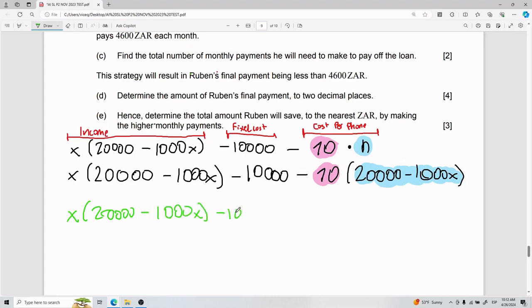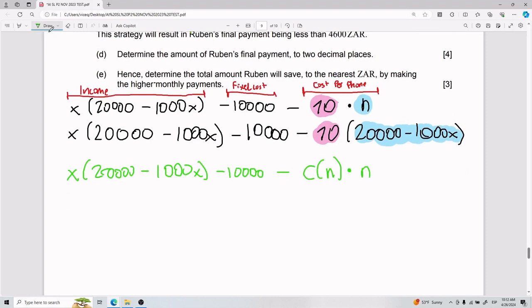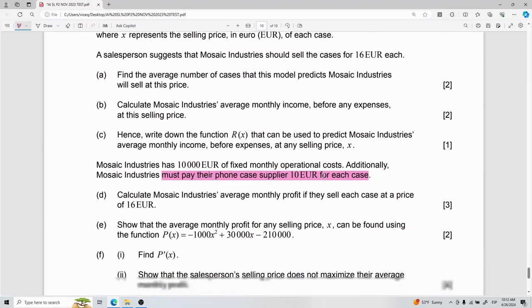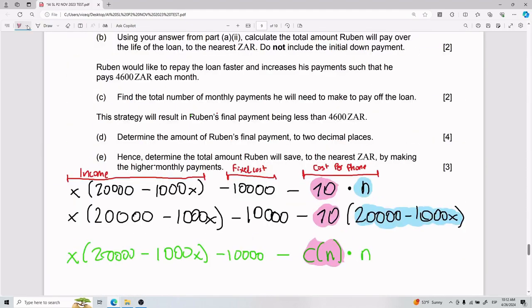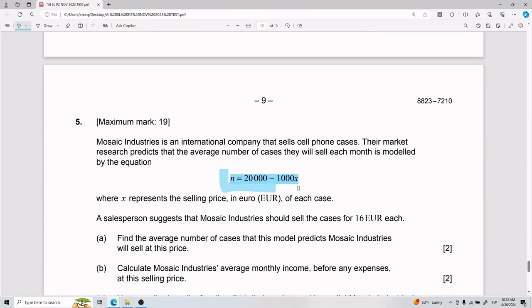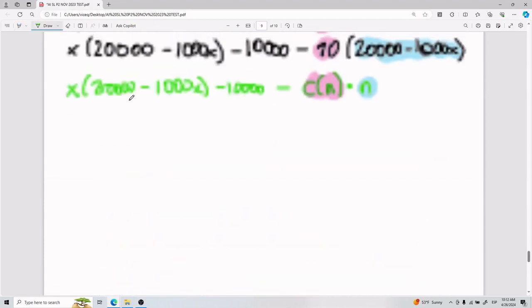Your fixed cost is still the same. But over here, technically, you have the cost per phone and the amount of phones. And so if you plug all of this in, the pink is from part G, and this in blue, the n, is still the n from here. All right, so you've plugged all of that in.